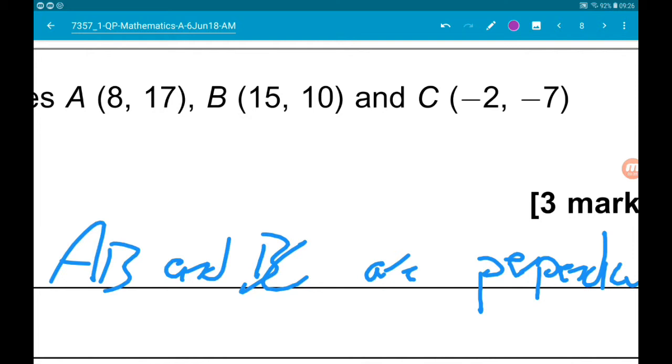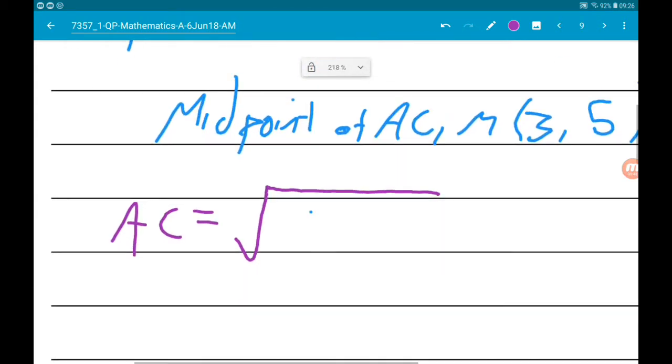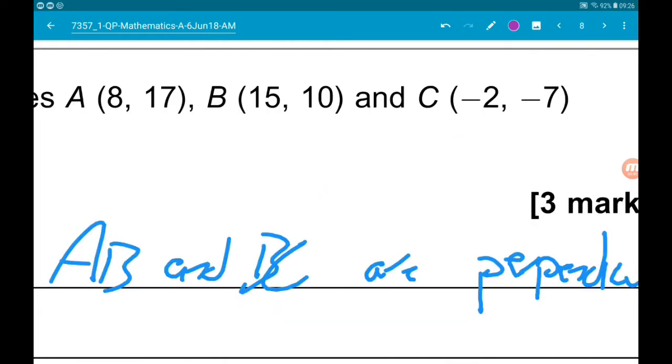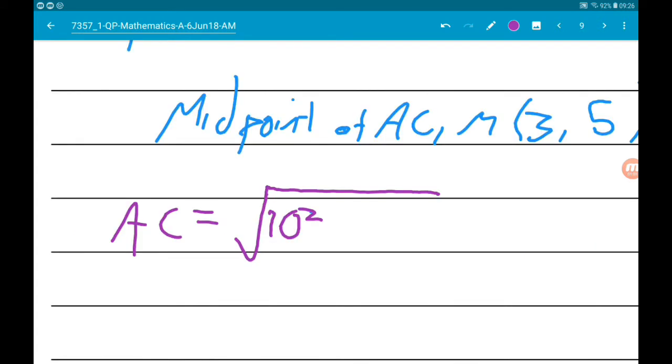So our length along x is 10. So it's going to be square root of 10 squared. And our vertical distance, between minus 7 and 17, is 24. So we've got 10 squared add 24 squared.